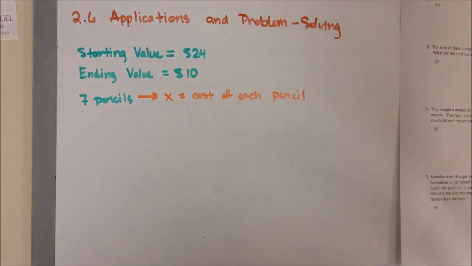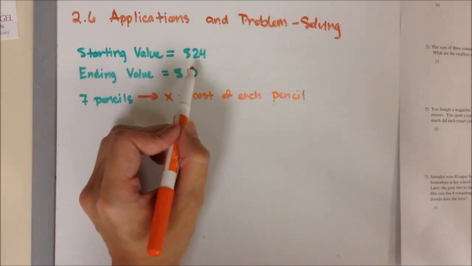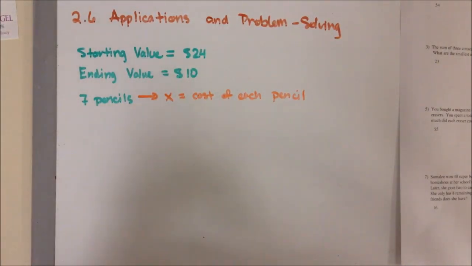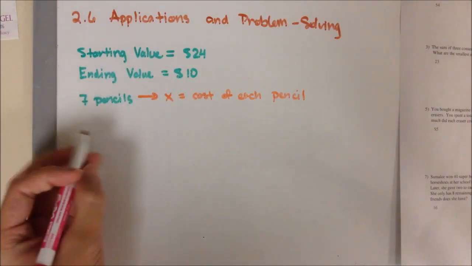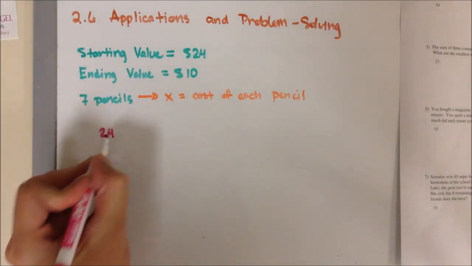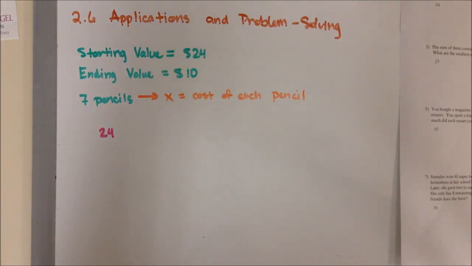To set up our equation, and this one's going to be different from the last example, we had a starting value, which is $24, and an ending value, which is $10. If it's asking for the cost of a pencil, for our equation we first write our starting value, which is 24. When Aaliyah bought pencils, that means she spent money.